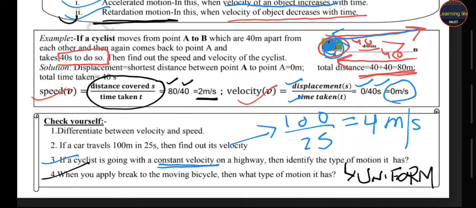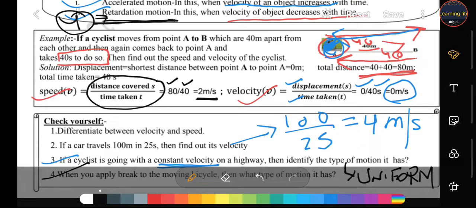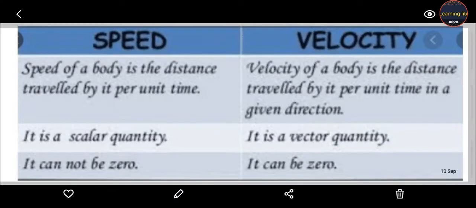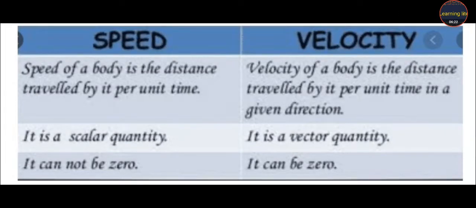So students, this is the answer to your fourth question. And now I show you a difference table between velocity and speed. Please write with me. Write the difference, students, between speed and velocity. Speed is the distance traveled per unit time, and velocity is the distance traveled in a particular direction.